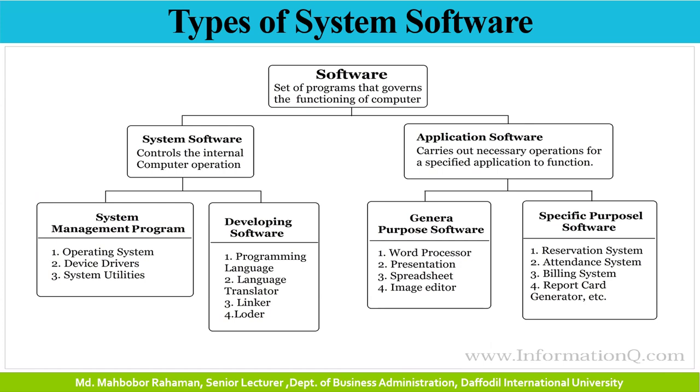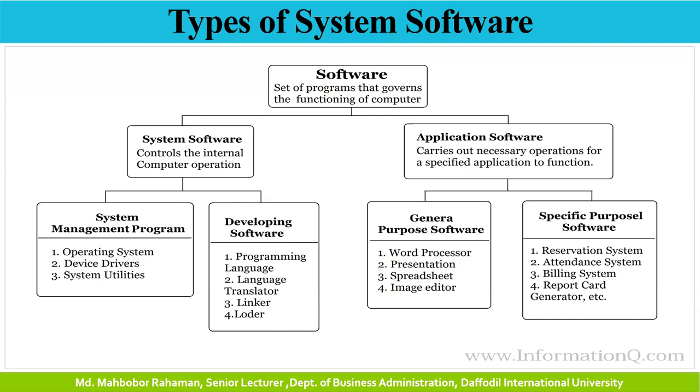Application software is divided into two main categories: one is general purpose software and the other is specific purpose software. The software which is generally applied for all users of the computer is called general purpose software. Word processor, presentation software, spreadsheet software, and image editor software are all general purpose software.